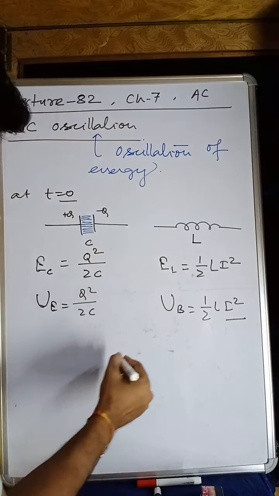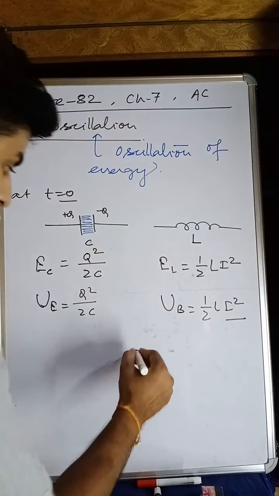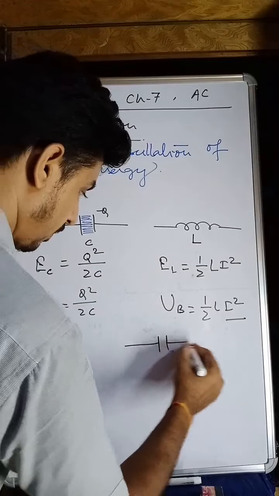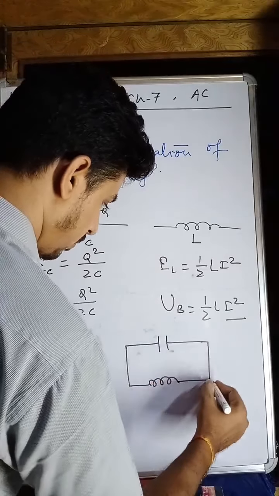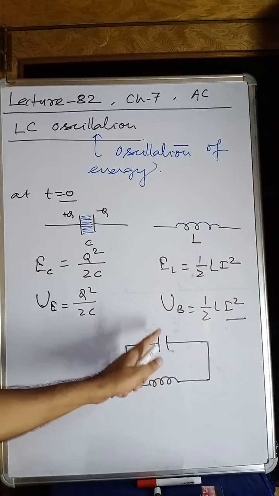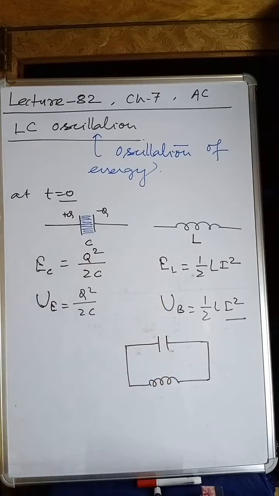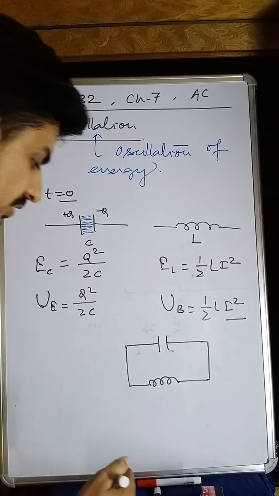Yes, this one. Let me draw the circuit. You can connect a battery here also to represent that this capacitor has been charged by that battery, but you know very well, as I have told you, so you don't worry about this one.